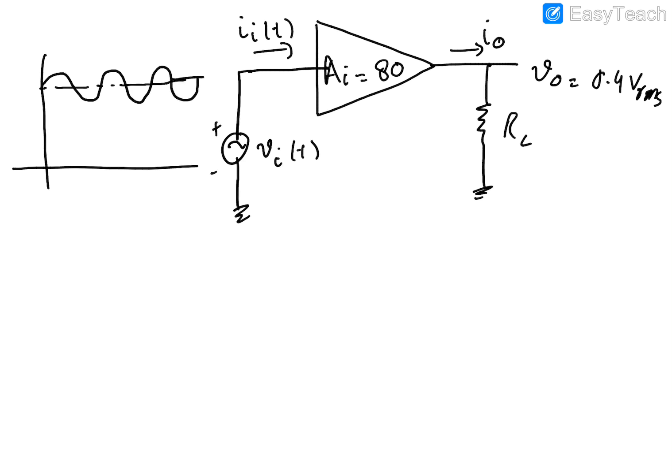The DC bias voltage value is 0.7, so VIT is equal to 0.7 plus 0.008 sine of 10 raised to power 3t. This is VIT.